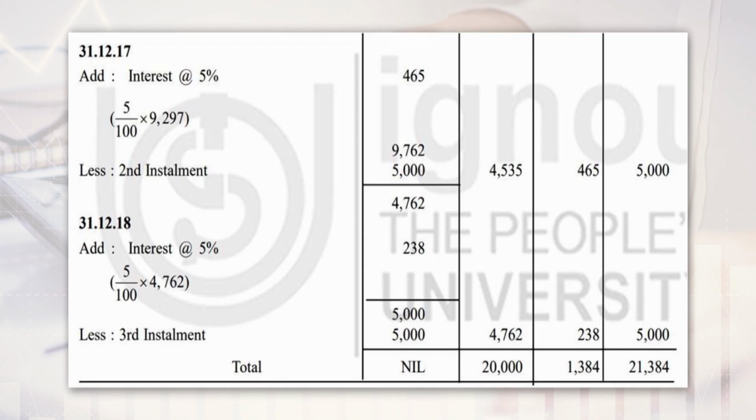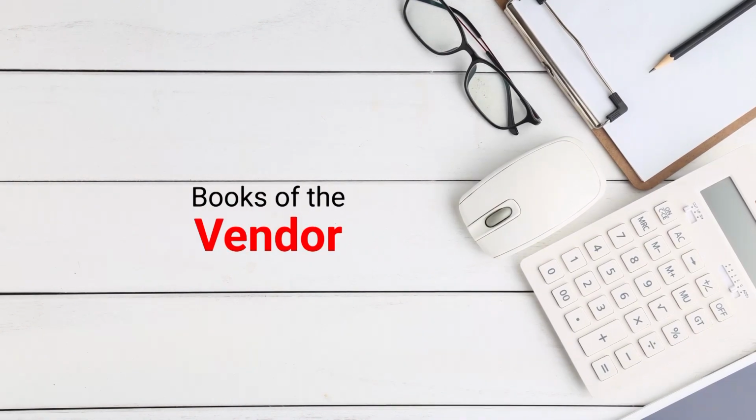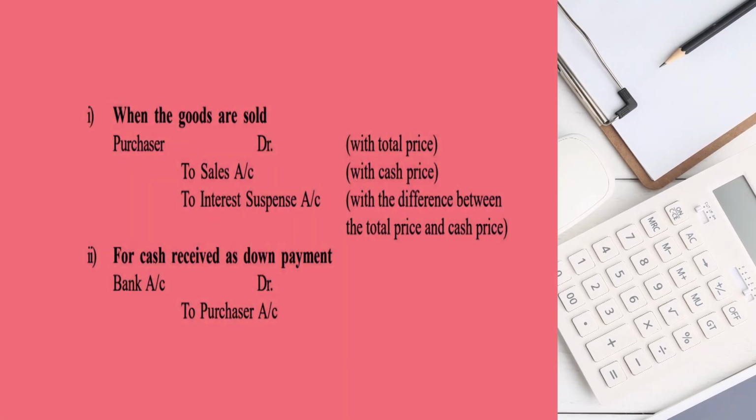In the books of the vendor, likewise, the transactions will be made. In the books of the vendor we will debit the purchaser account, credit to sales, to interest suspense.